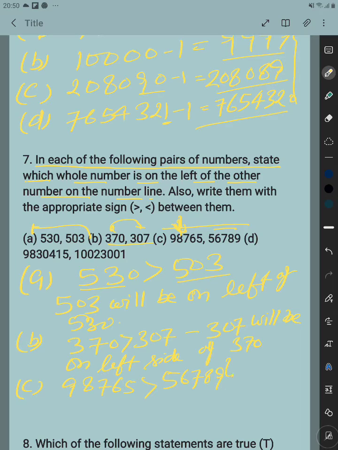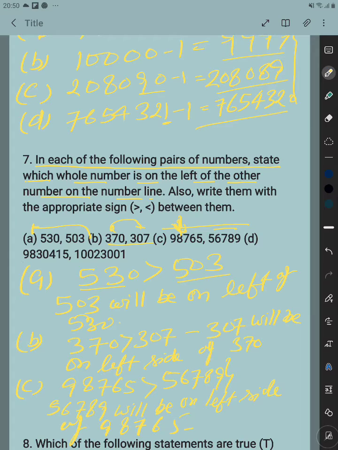So what we'll write? 56789 will be on the left side of 98765. So this is the complete answer.